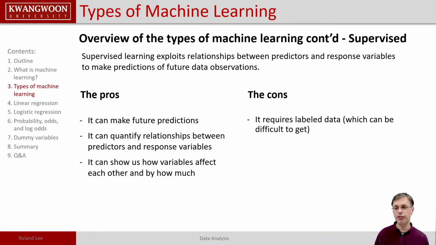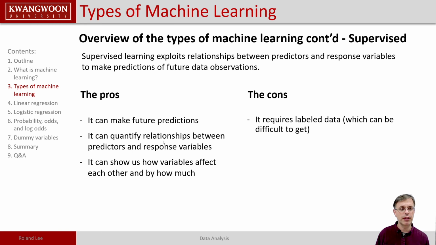Now, each of the three types of machine learning has its benefits and its disadvantages. Supervised learning exploits relationships between predictors and response variables to make predictions of future data observations. The pros, so advantages: it can make future predictions.